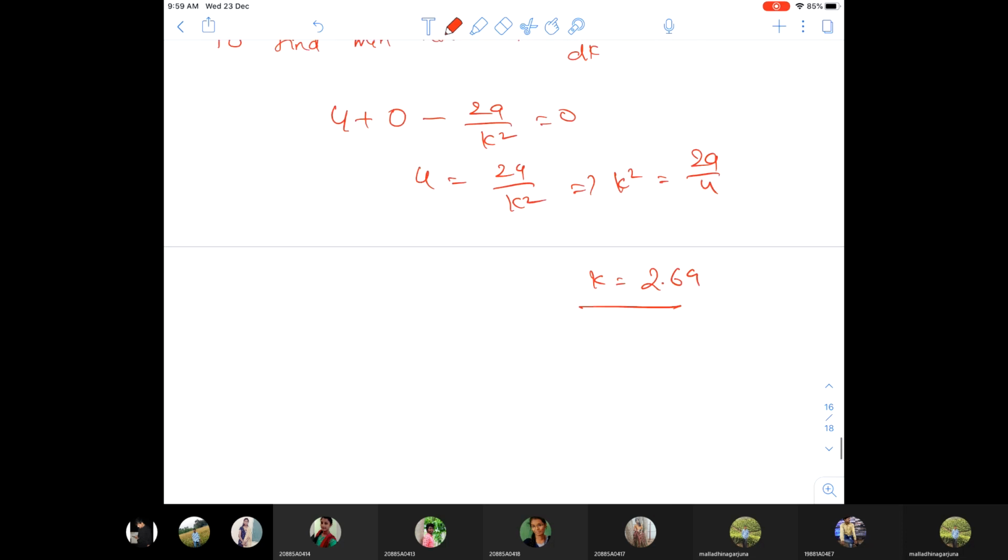So we'll get HFE minimum equal to 4 into 2.69 plus 23 plus 29 by 2.69.